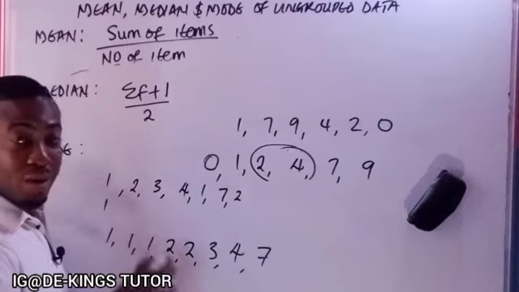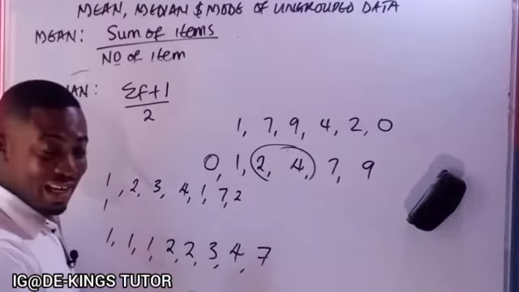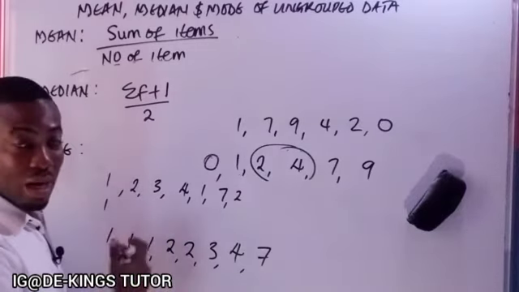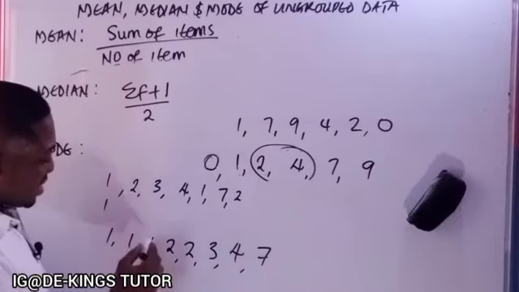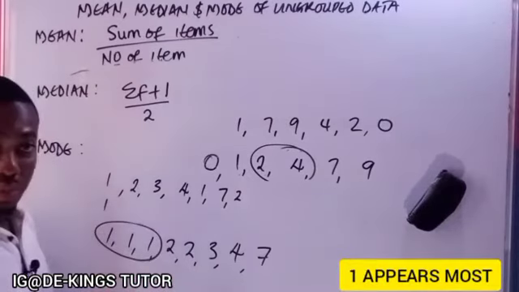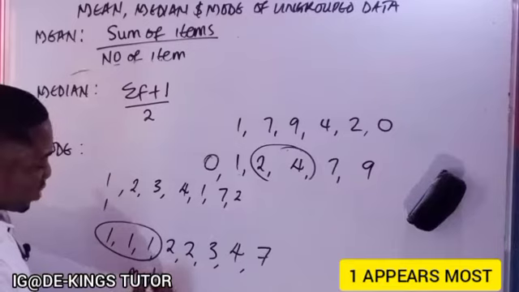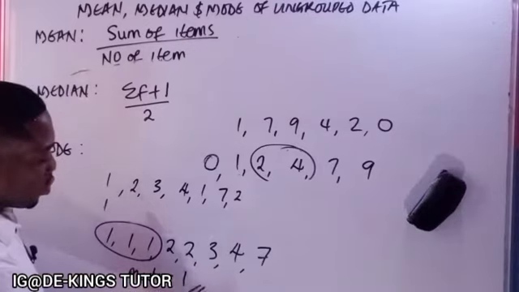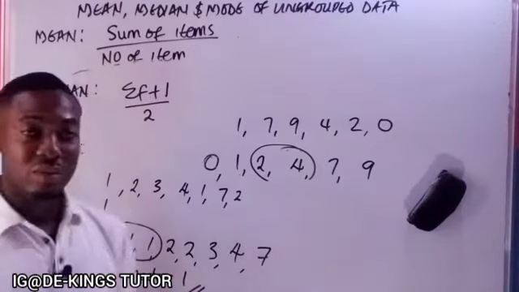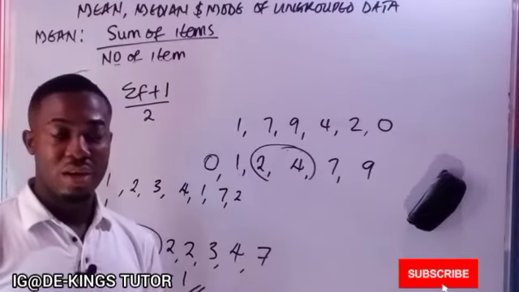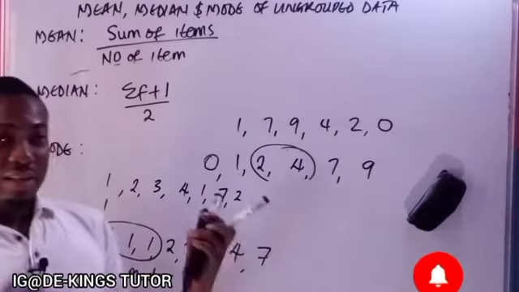It is not a must to rearrange, but it is better so that you can see the one that appears most. So with this, we can see that it is 1 that appears most. So our mode immediately becomes 1 because it appears more often than the others. Okay, so that is how to solve this.